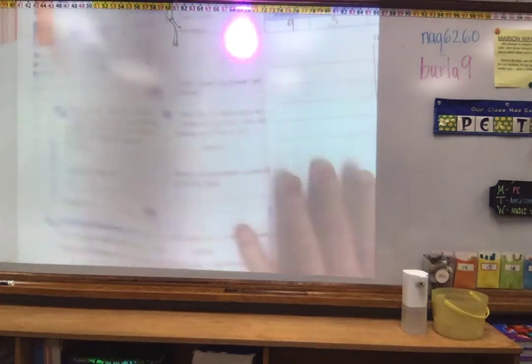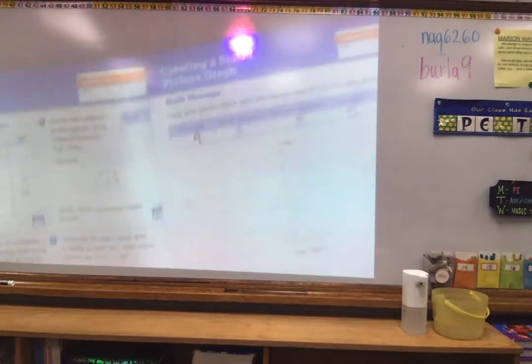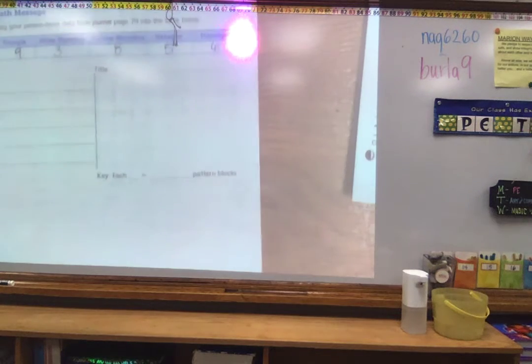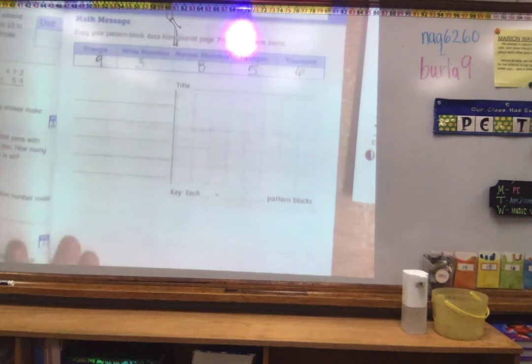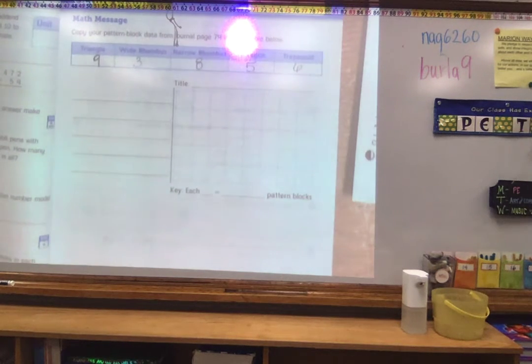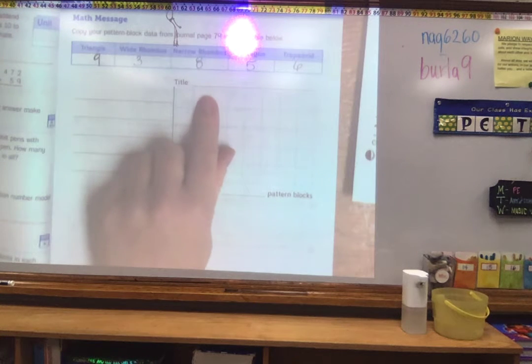On a picture graph, which is what we are talking about today, it uses pictures or symbols to represent the data instead of coloring in the bars like we did last week on the bar graph. So we still have some of the same categories. Like right here, we have to have a title.